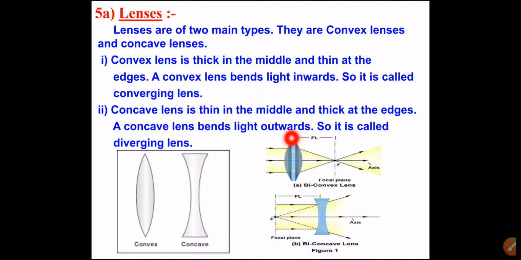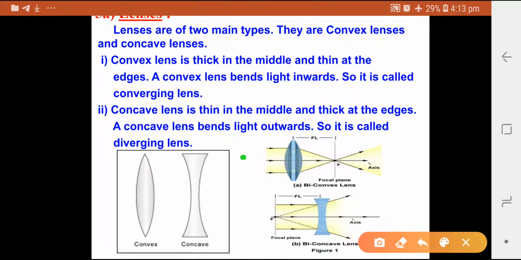When the light falls on this convex lens, the light bends inward, and this is called a converging lens.